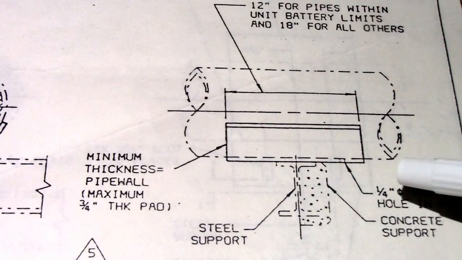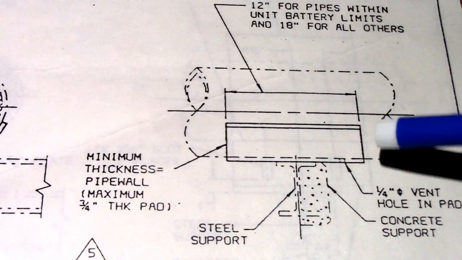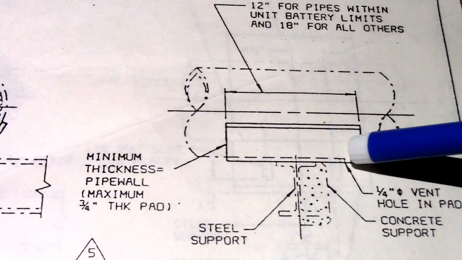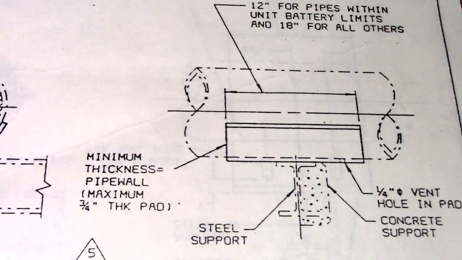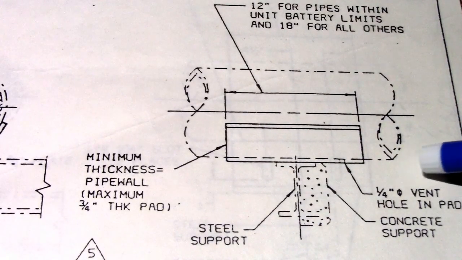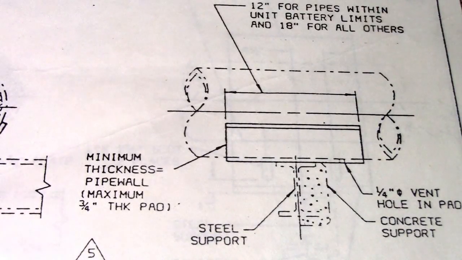Okay, and of course this is very important: the hole of this pad. They also have a specification of what size of bent hole to be used on this pad. So they have a 1/4 diameter bent hole in pad. Okay, what is the purpose of this pad?